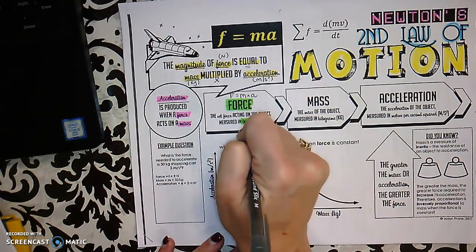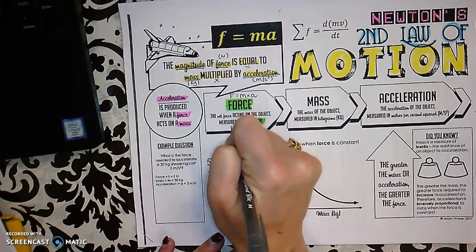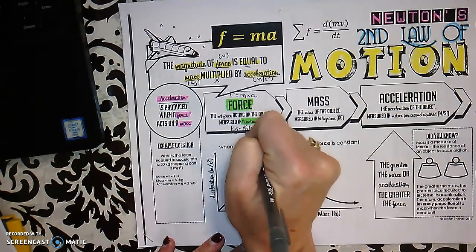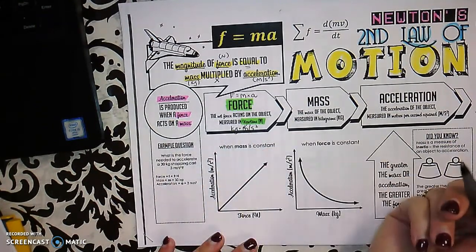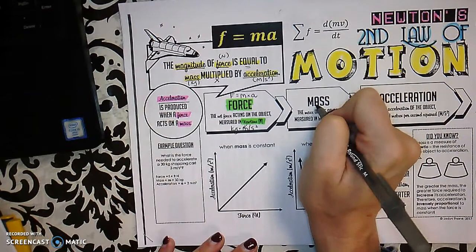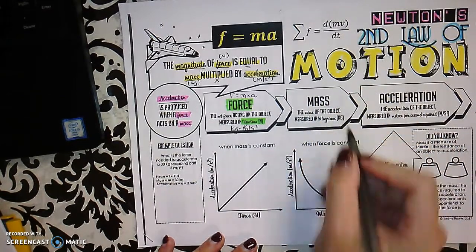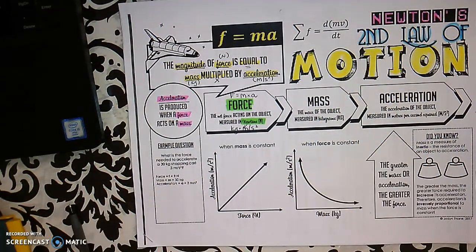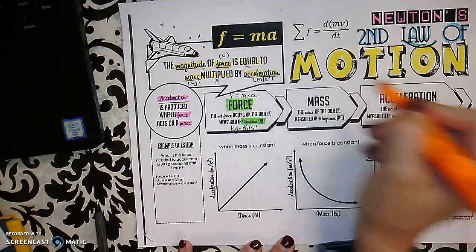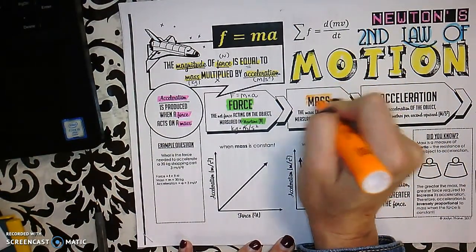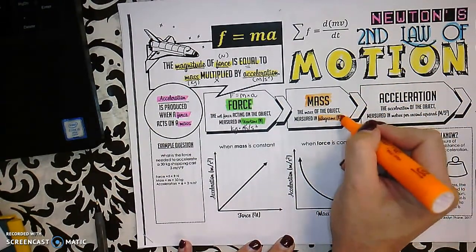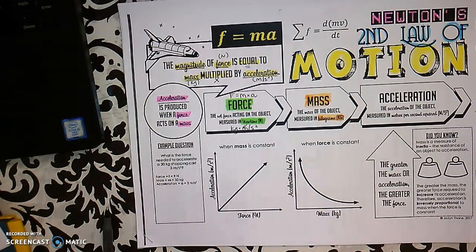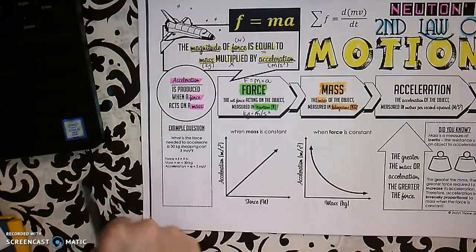Now a newton is really a kilogram times a meter per second squared, because it's the mass unit times the acceleration unit. Mass, the mass of the object, is measured in kilograms. In the past we've used grams because we were working with small objects on the triple beam balance, but we're going to be talking about bigger things now, so that's going to be kilograms.